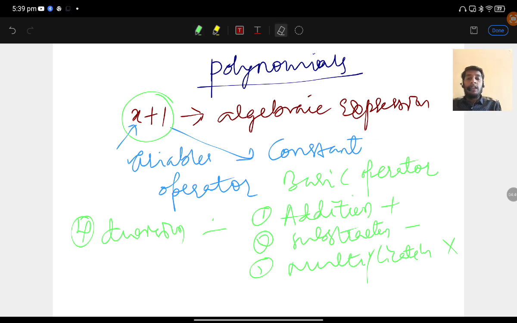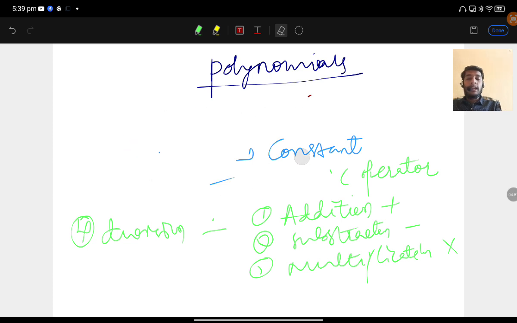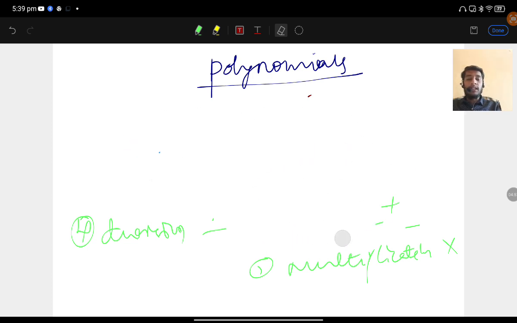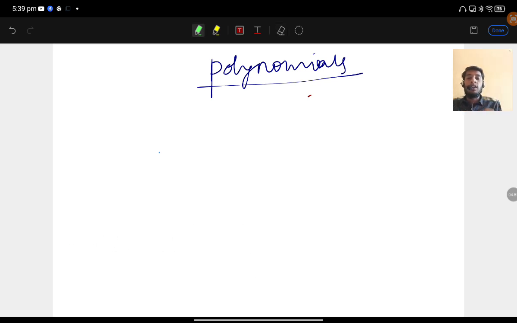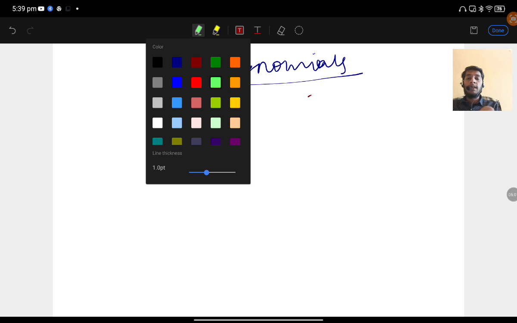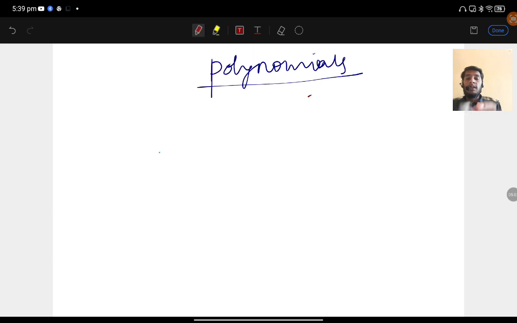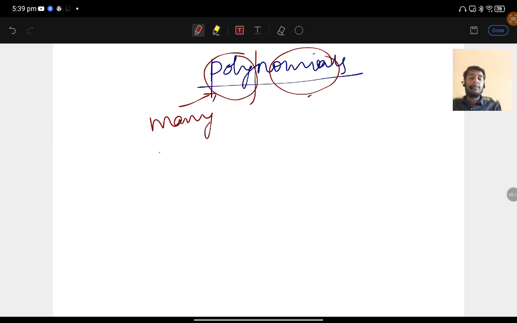Now we will move to the next bit, what actually the polynomial means. When you break this word, it is poly and nomial. Poly means many, nomials means terms or names. Many terms will be present here.